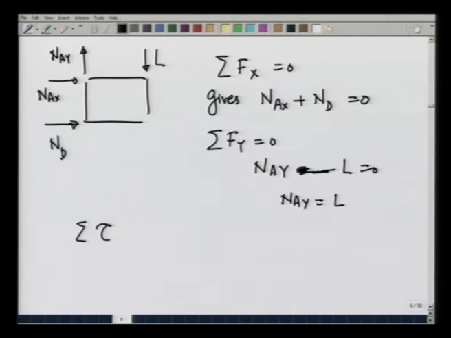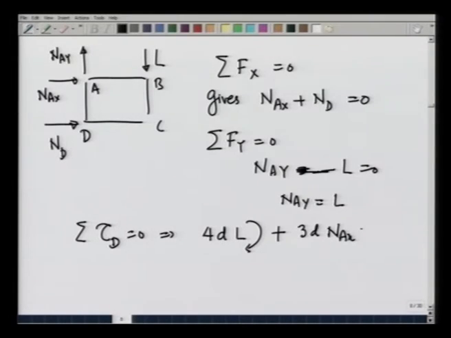Summation of torque about D, this is point D, A, B, C, equal to 0 gives 4 d times L clockwise plus 3 d times N A X also clockwise should be 0, and this implies that N A X equals minus 4/3 L. The minus sign tells you that its direction, let me make it with red, should be this way.